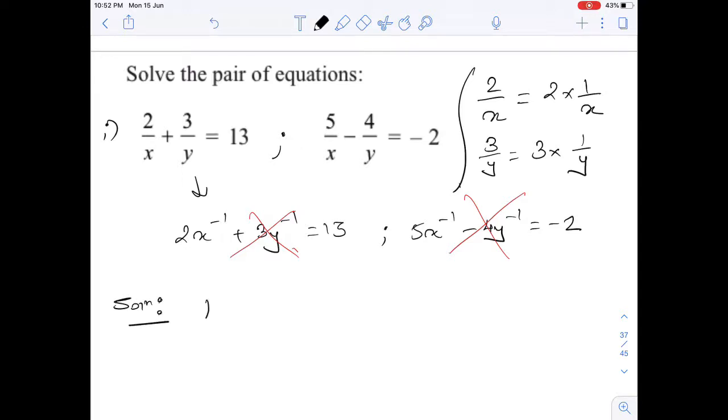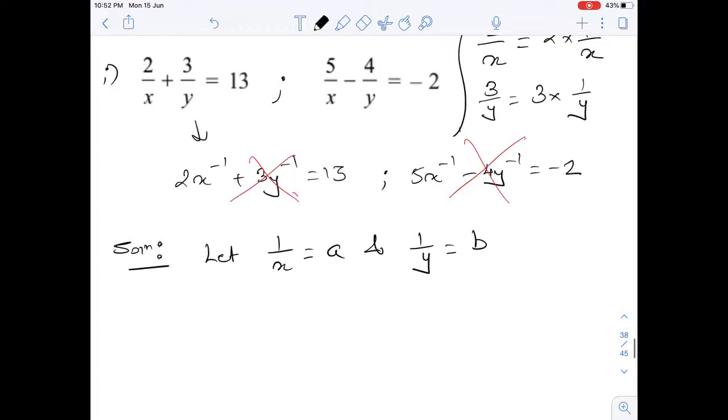Let 1 upon x equal a and 1 upon y equal b. Therefore the above equations become, now here it can be seen that it is 2 upon x.